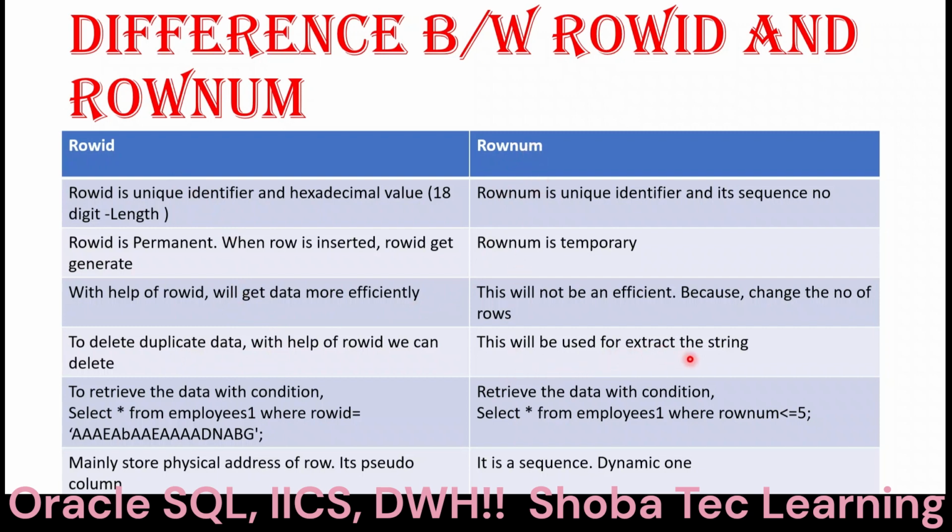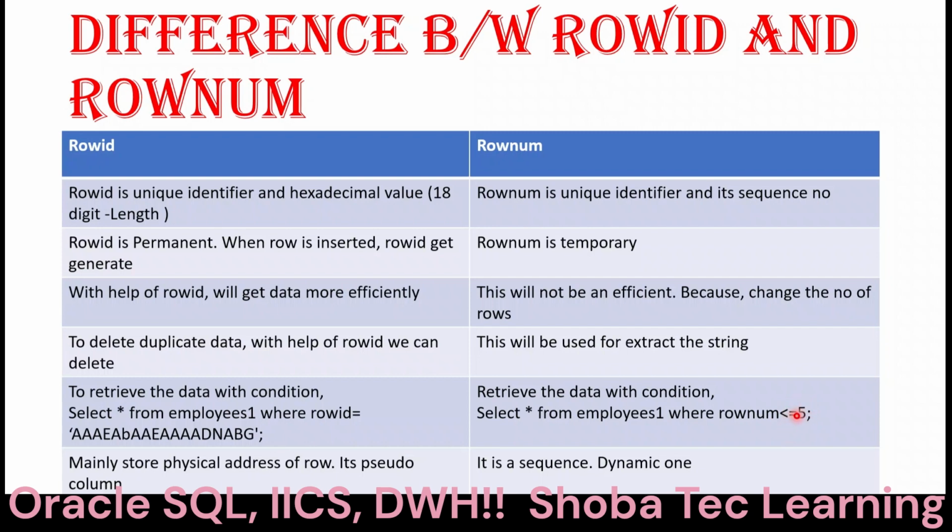Now to retrieve the data, whenever we use a condition with row id, which is 18 digits, we need to take where row id equals. But to retrieve with conditions on row num, we should use less than or equal to. If you want row num more than 1, we should use less than or equal to 2, that is, more than 1 values.